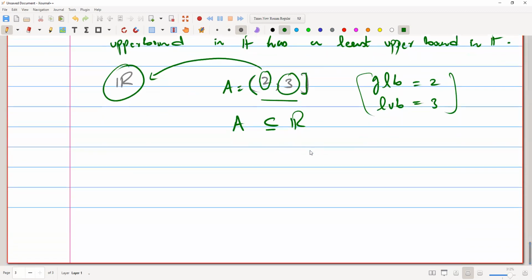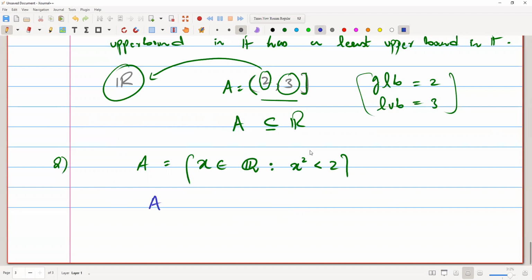Now think about an example where we have a set of X squared, where X belongs to the rational numbers such that X squared is less than 2. So X belongs to the rational numbers whose square is less than 2.